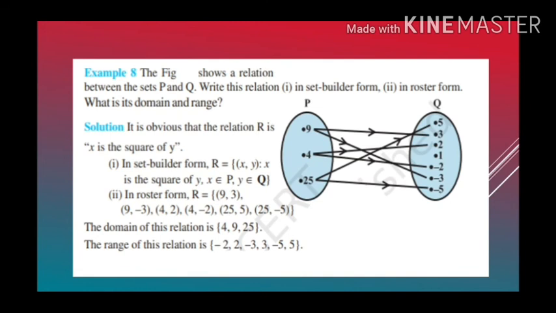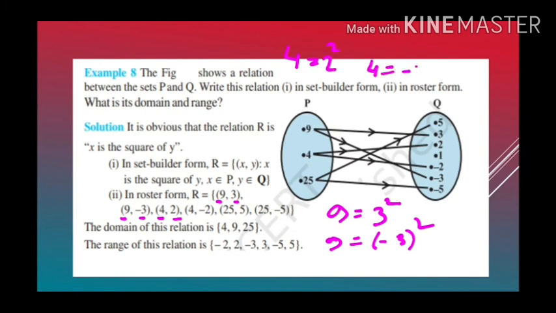Now if you look at the first element and the second element in the ordered pair, this is 9, this is 3, and 9 is the square of 3. 9 is also the square of minus 3. Similarly 4 is the square of 2, and 4 is also the square of minus 2. Then 25 is the square of 5, and 25 is also the square of minus 5.